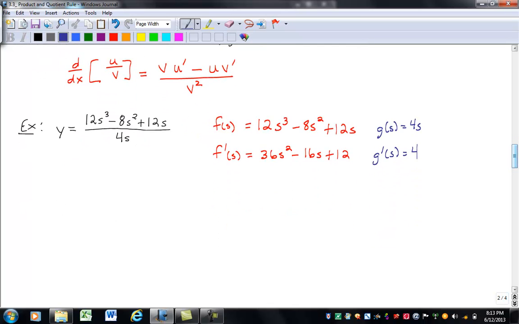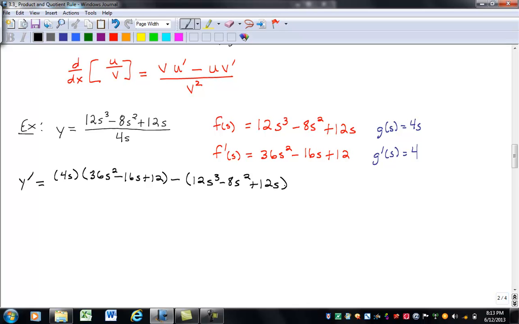So now I can use the quotient rule to find the derivative of my original function. It's low, which is 4s, d high, that's the derivative of the top, 36s squared minus 16s plus 12. So that's low d high minus high, that's the original f of x, the one on top, 12s cubed minus 8s squared plus 12s.